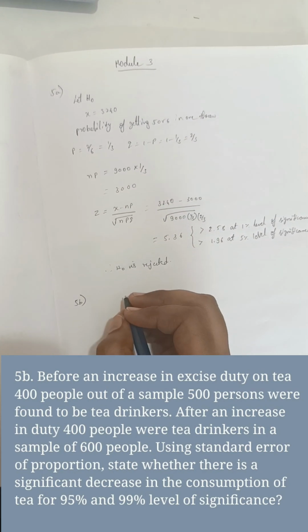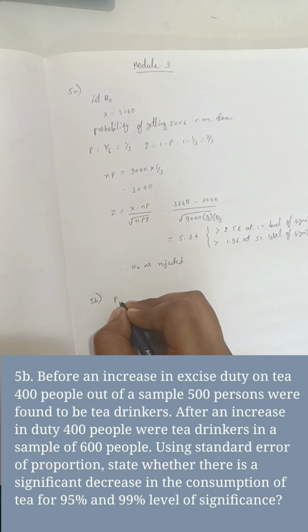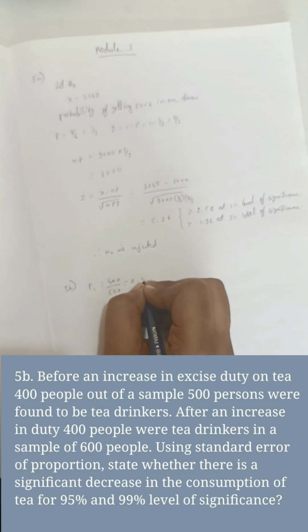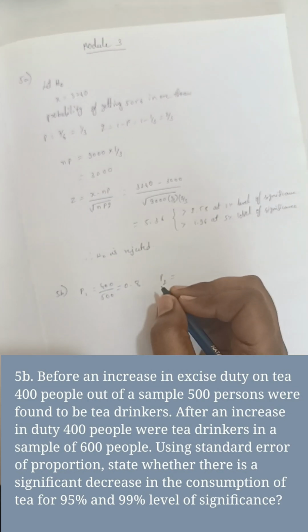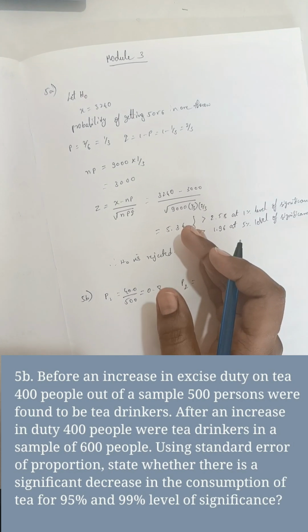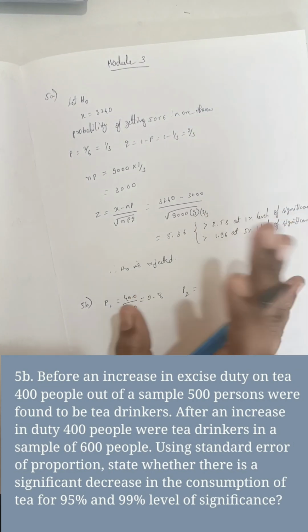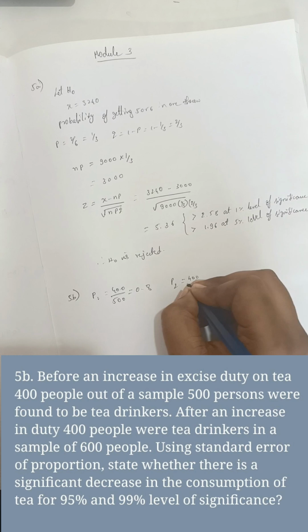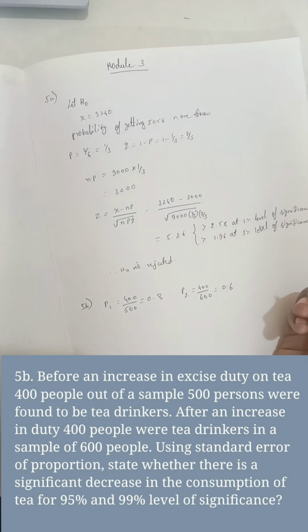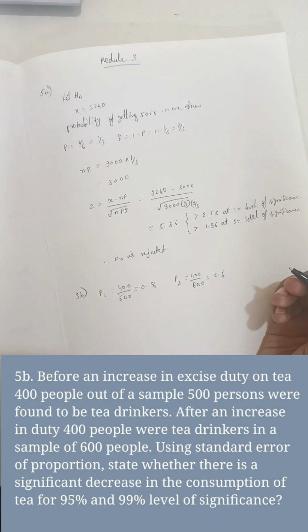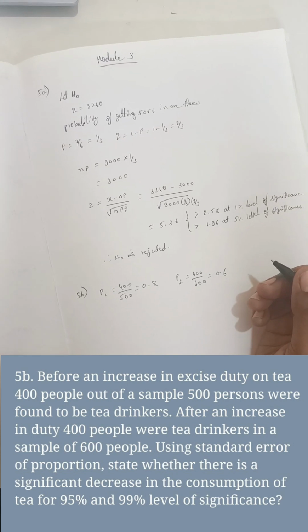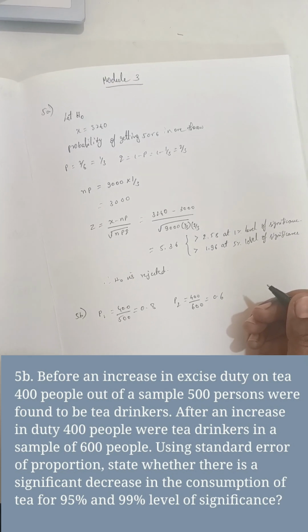So P1 is equal to 400 by 500, which is 0.8. After the increase in duty, 600 people are there, and of them 400 drink tea. So 400 divided by 600 is 0.6, where P1 is the proportion of consumers before the increase in duty, and P2 is the proportion of consumers after the increase in duty.